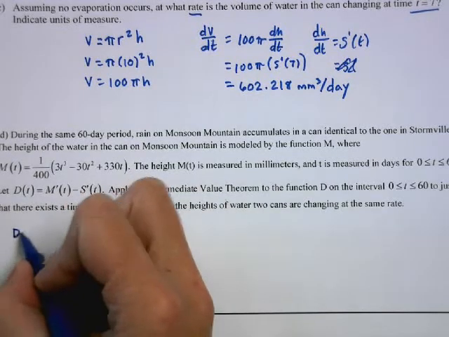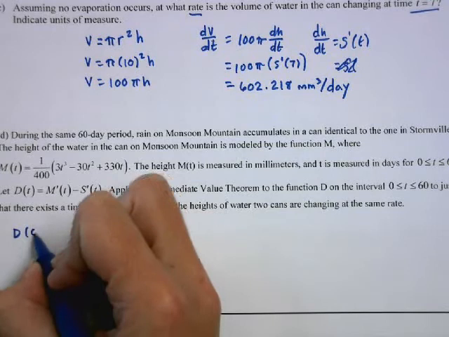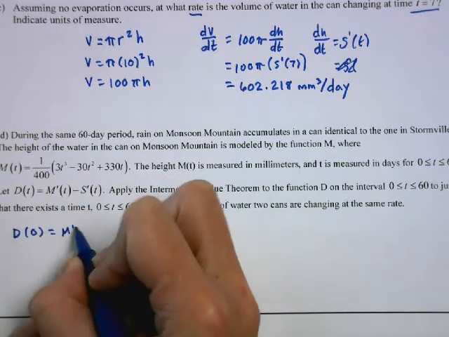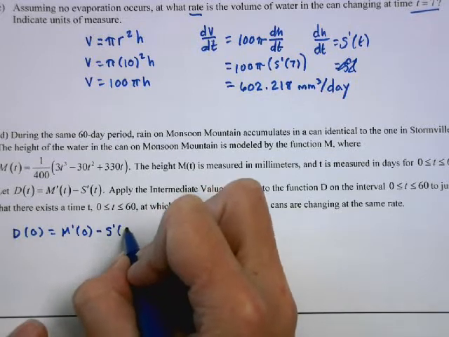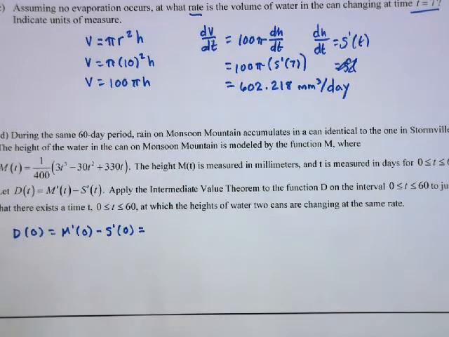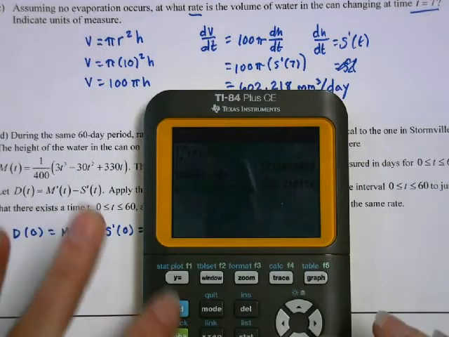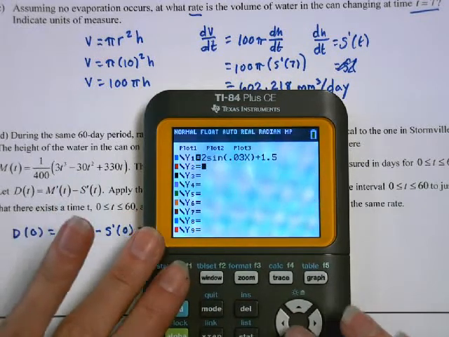Okay. So D, we're going to look at D of 0, which is going to be m prime of 0 minus s prime of 0. Okay, I'm going to go ahead and type that second equation in.